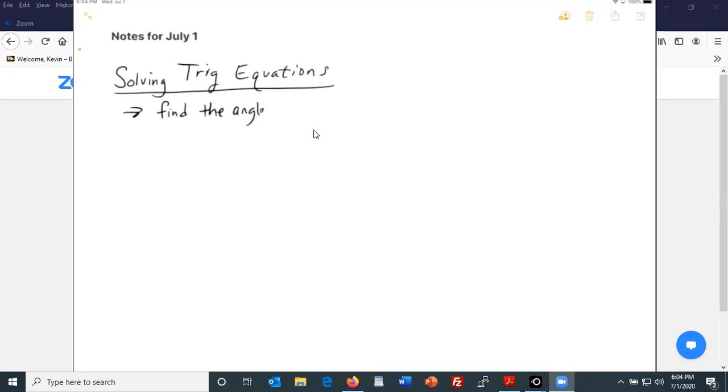A lot of trig equations normally have at least 2 or more solutions. Some might have no solutions, some might have one solution, but trig equations oftentimes can have multiple solutions.